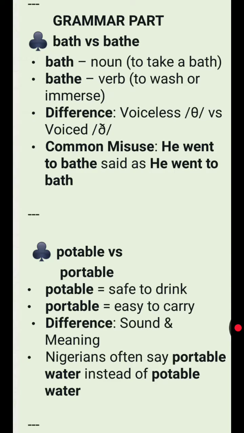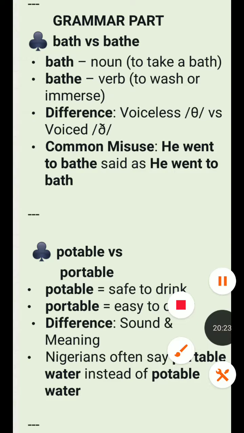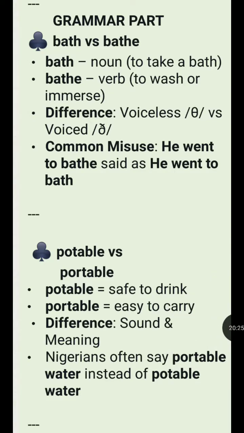Okay, grammar point. We now get to the grammar point on today's study. Let's look at the first line of words, which are bath and bathe. Bath is a noun, to take a bath.